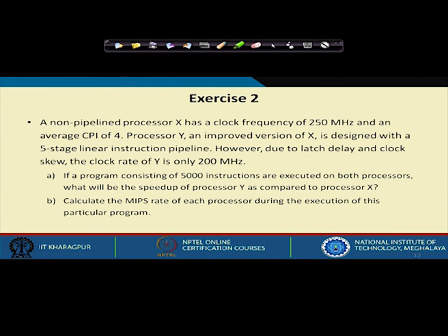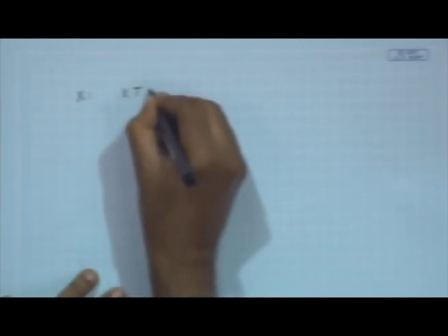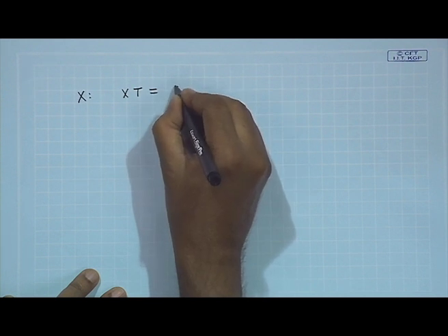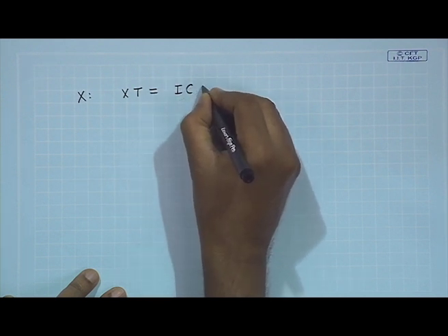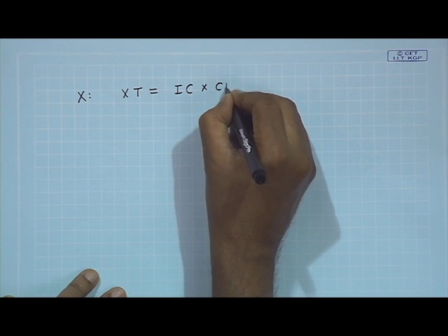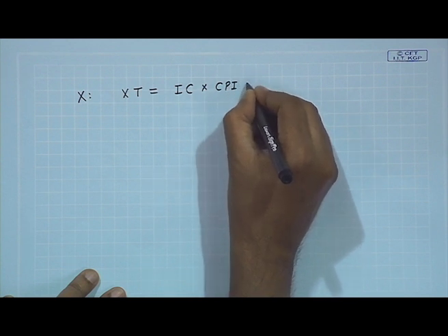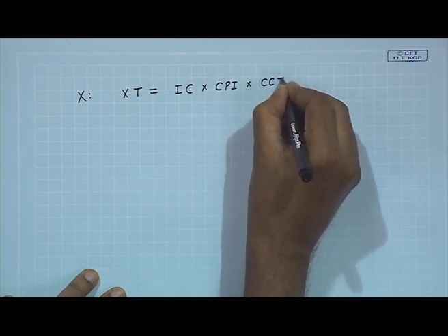Let us work out for the processor X. Let us calculate the execution time. You recall execution time is given by the instruction count multiplied by the cycles per instruction multiplied by the clock cycle time.